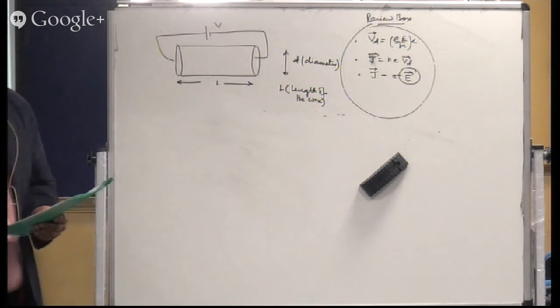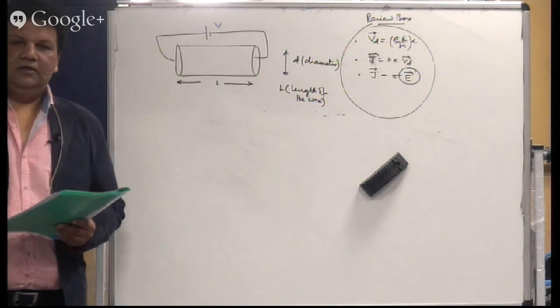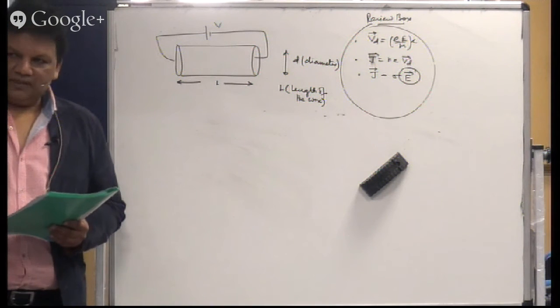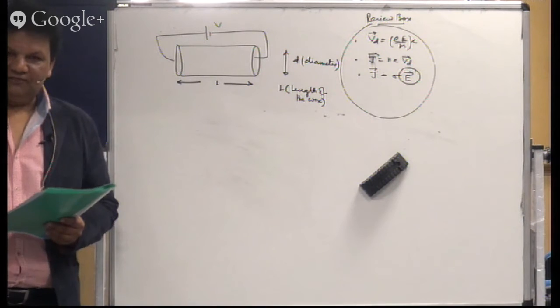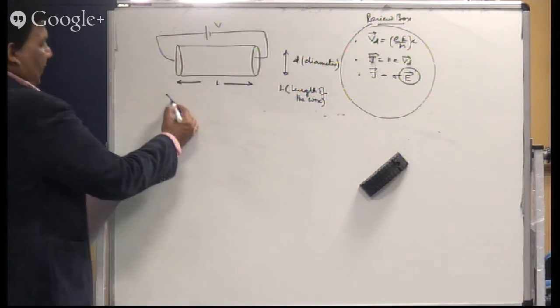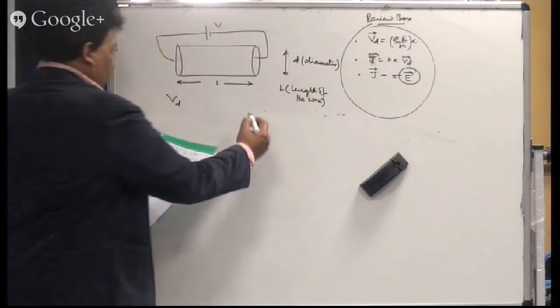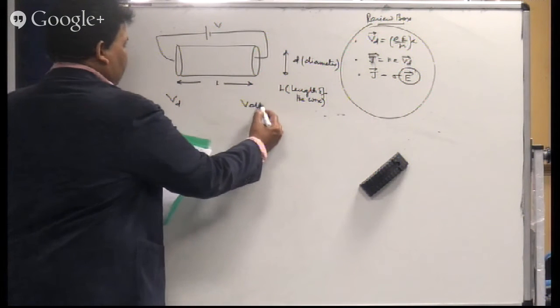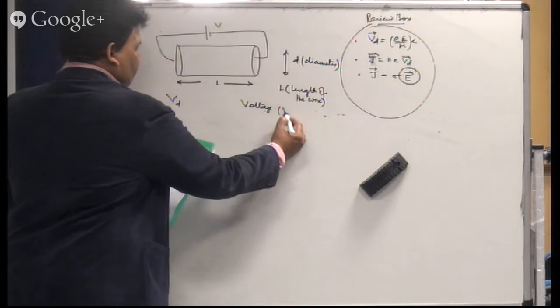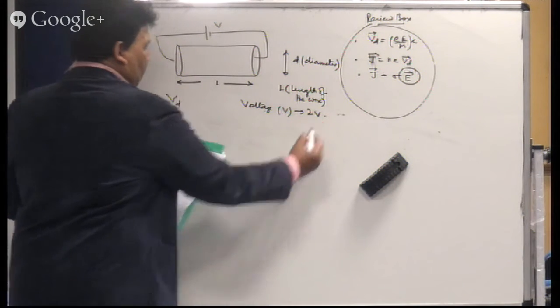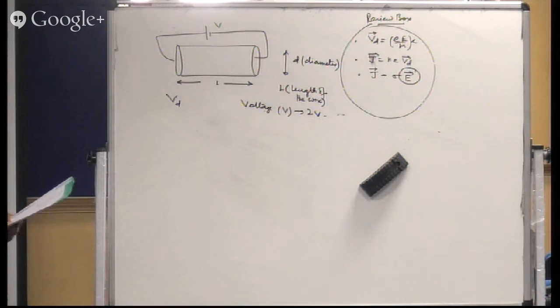Now my question is, you need to tell me the effect on the drift velocity, V_D. Part 1: if voltage V is doubled, the effect on drift velocity.